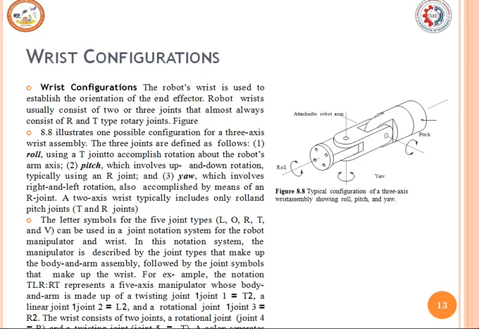Third is the pitch, which involves up and down rotation of the robot, and yaw involves right and left rotation of the robot. So here the letters are indicated, that is L, O, R and R, T and V, to indicate the type of motion which has to be done.